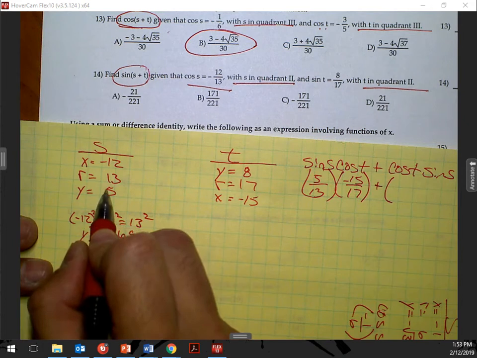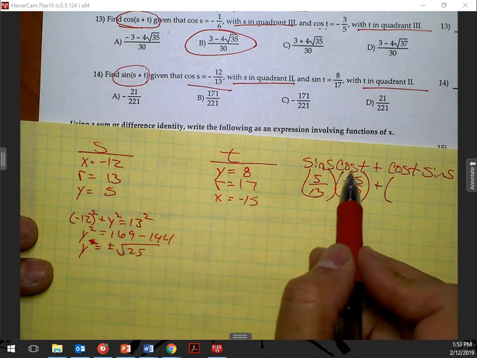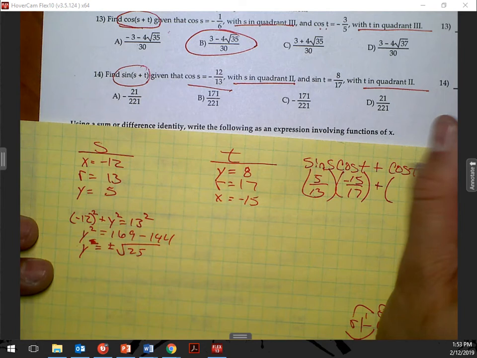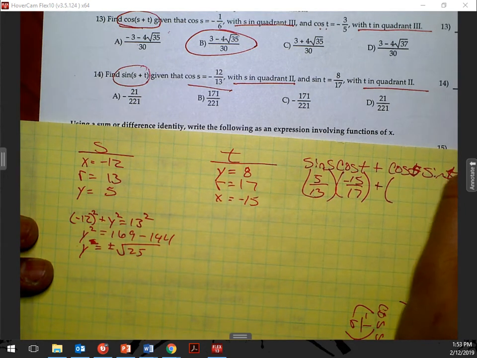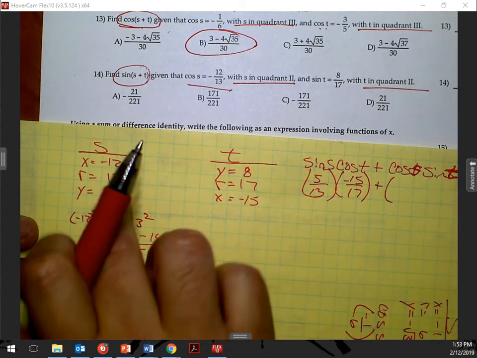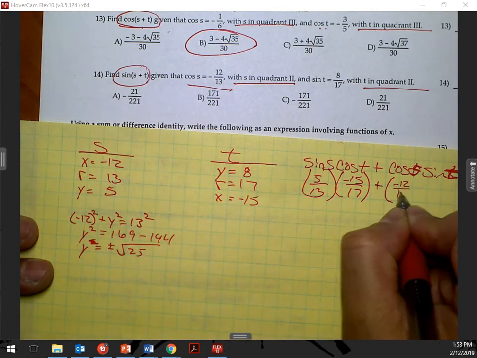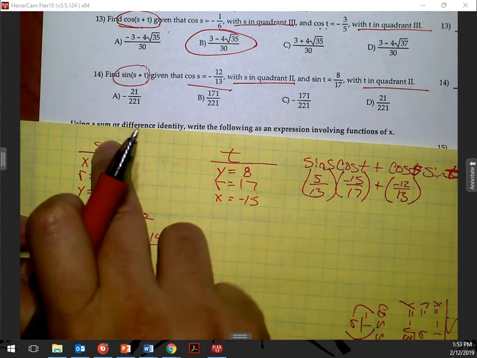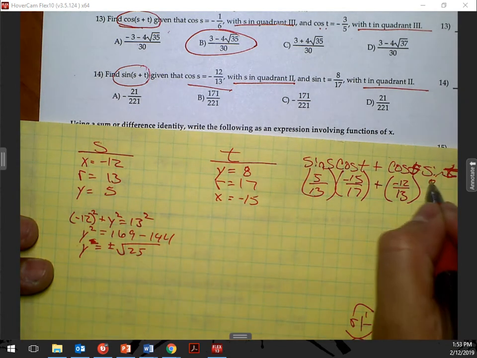Oh wait, I did this one wrong. Cosine t, this should be an s, I'm sorry. I wrote it wrong, so that's an s, and this one's a t. So cosine s is going to be negative 12 over 13. Sine of t is going to be 8 over 17.